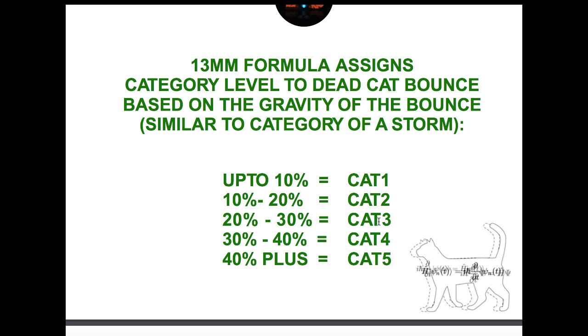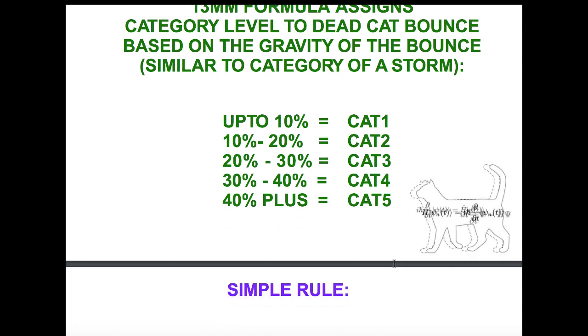The intensity of the storm will ultimately dictate the damage that could be done to pretty much everything on that island. So the heavier the number is, the worse the storm. A bounce of up to 10% would be a category 1, 10 to 20 category 2, and so on. 40 plus would be a category 5 dead cat bounce.